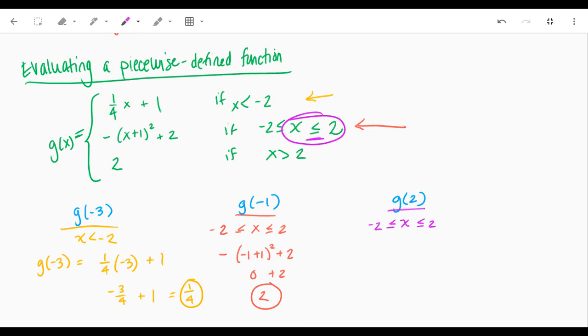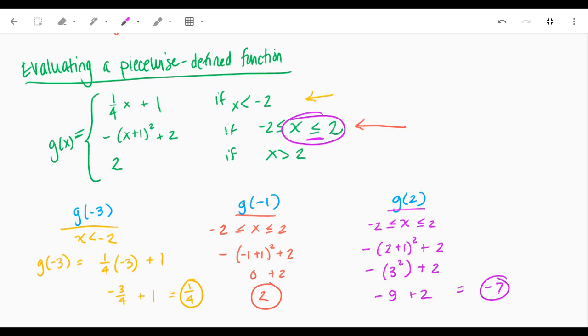Okay, so now we'll have negative (2 plus 1) squared, plus 2. So negative 3 squared plus 2. So we'll have -9 plus 2, which is -7. Okay, all right, let's get another one here.